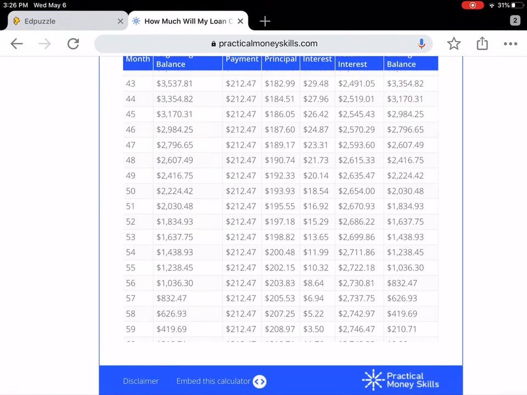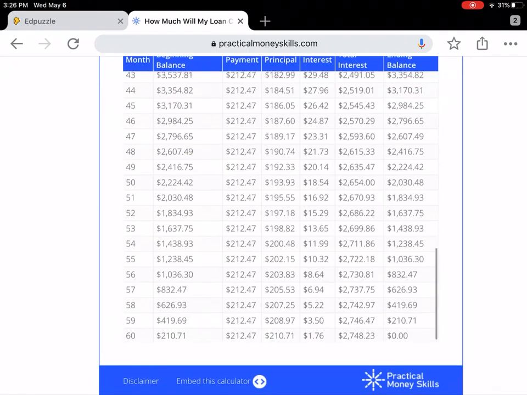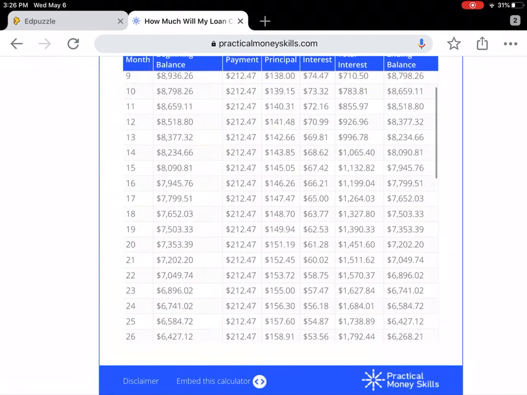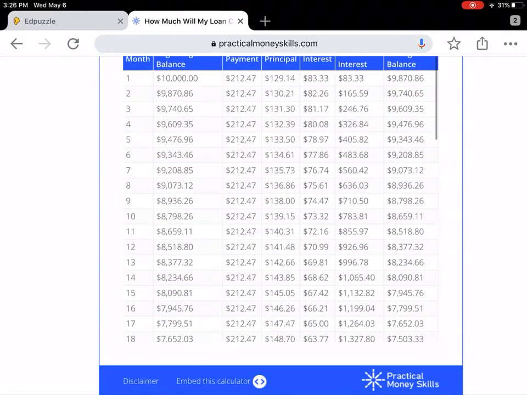Essentially, when you pay back a loan, you pay back a portion of interest and a portion of principal, and the principal piece changes your remaining balance so that the following payment has more applied to the principal and less applied to the interest.